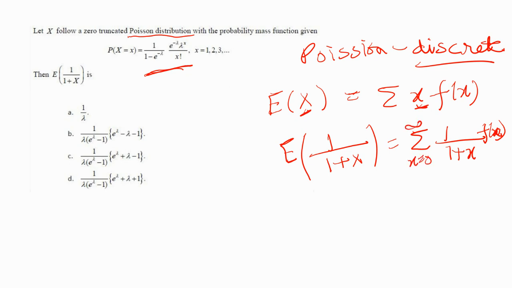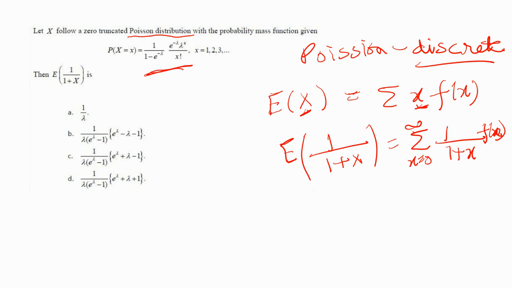This is very important, because here it is given as x from 1 to 3 and so on, but x equal to 0 also satisfies this condition. So we need to take x equal to 0 when we find this expectation of 1 upon 1 plus x, because otherwise it will lead to a different answer.